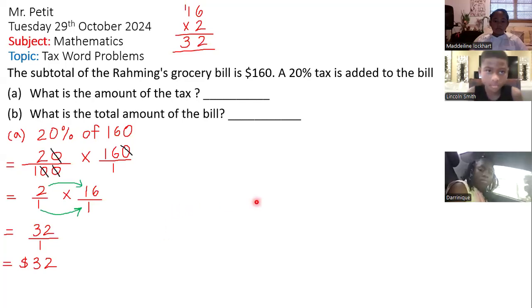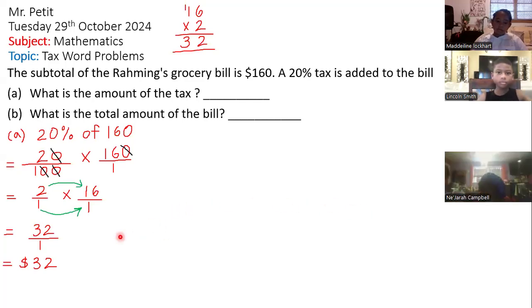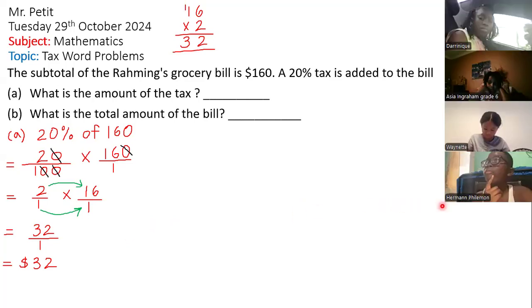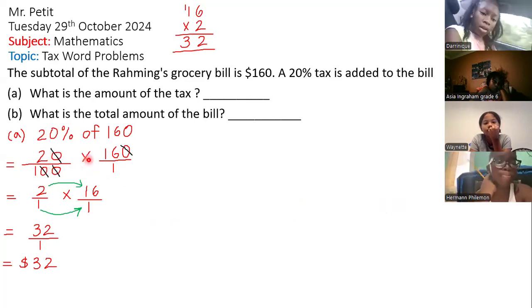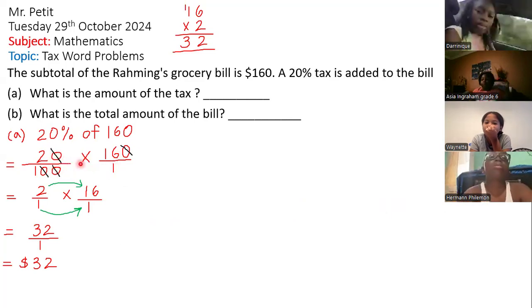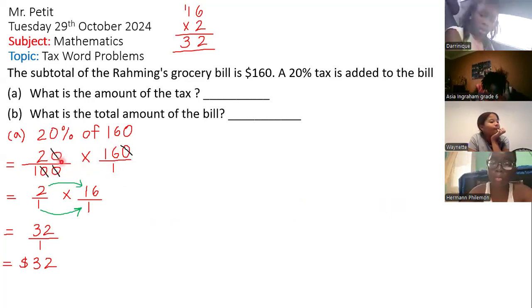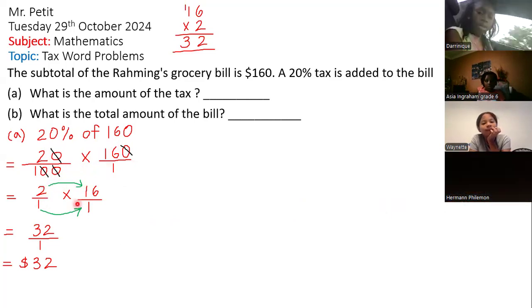All right. And Darren, can you explain how we got $32? First, we would put 20% over 100, and then put the 160 over 1. Next, we would cancel the zeros and multiply, and that will give us 2 over 1 times 16 over 1.